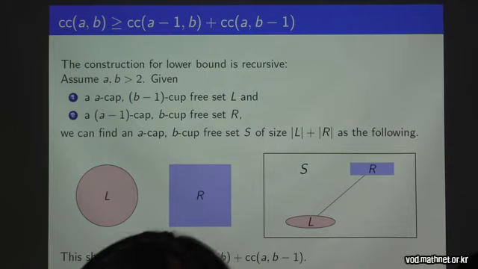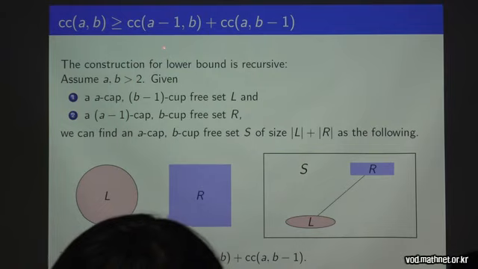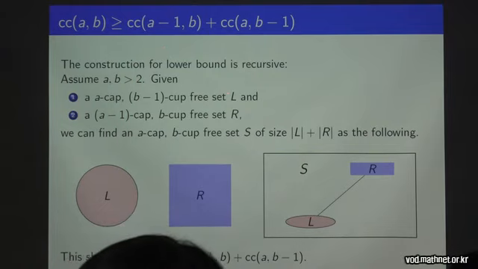So let's say that A and B are larger than 2. Then we have this magnitude of sets, a set L. Oh, sorry. This one goes for L, and this one goes for R. Sorry about that.